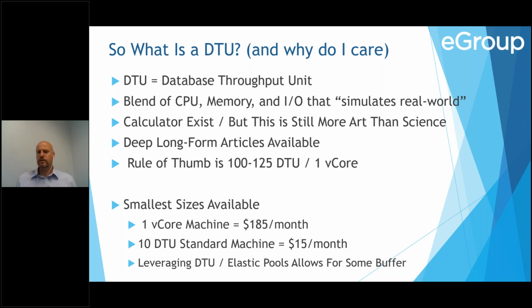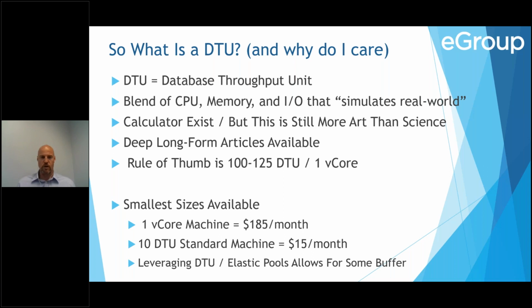And so a couple areas where you see it in use and not in use. If you're looking to just run something very small, again, the smallest vCore machine, if you're just kind of testing or messing around with it, is $185 a month versus the smallest standard, and you can even get a basic that's smaller than this, but standard's kind of the level I would say that enterprises might be looking at, is $15 a month.